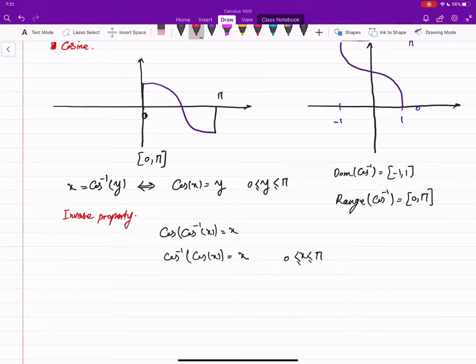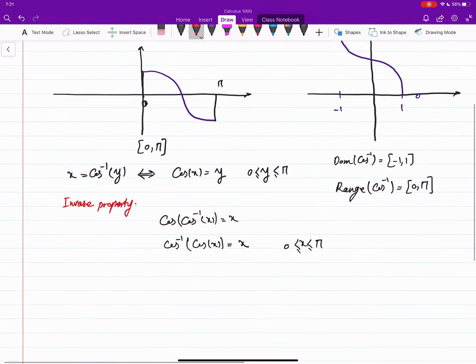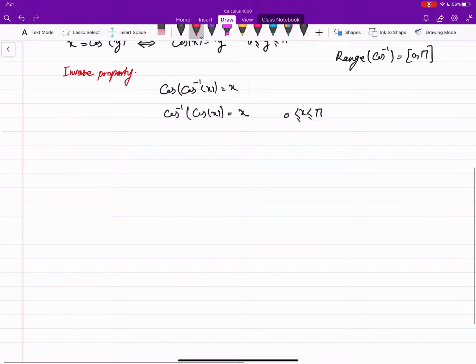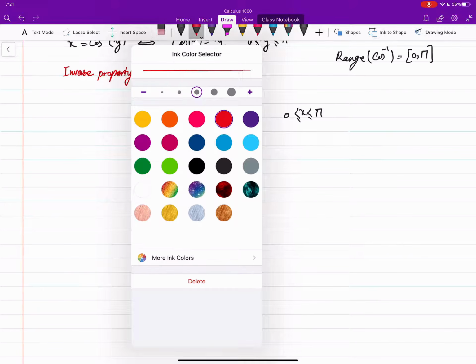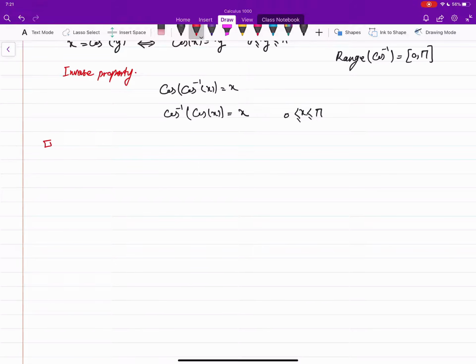That's what you need, and similar stories happen for the other ones. Let me do one more with the graph: the tangent function, tan.